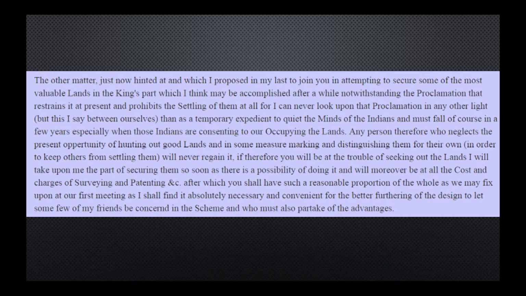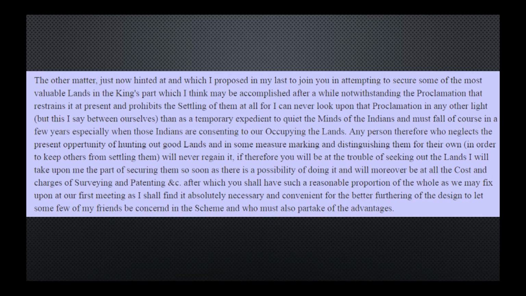So, the other matter, just now hinted at, in which I proposed in my last to join you in attempting to secure some of the most valuable lands in the King's part, which I think may be accomplished after a while, notwithstanding the proclamation that restrains it at present and prohibits the settling of them at all, for I can never look upon that proclamation in any other light, but this I say between ourselves, than as a temporary expedient to quiet the minds of the Indians, and must fall, of course, in a few years, especially when those Indians are consenting to our occupying the lands.